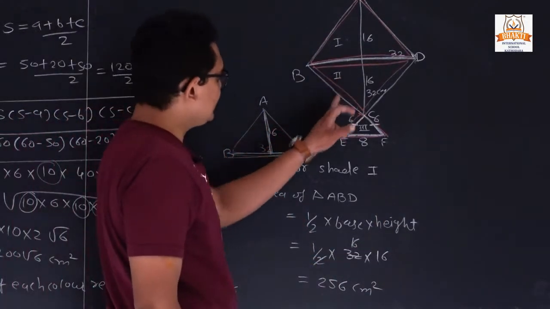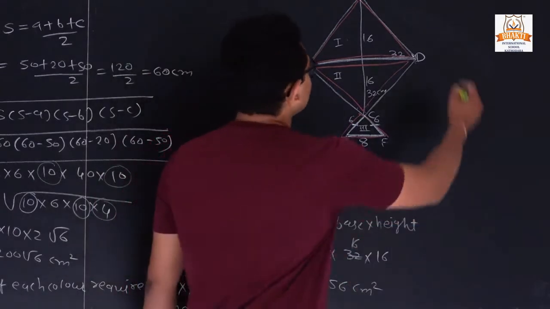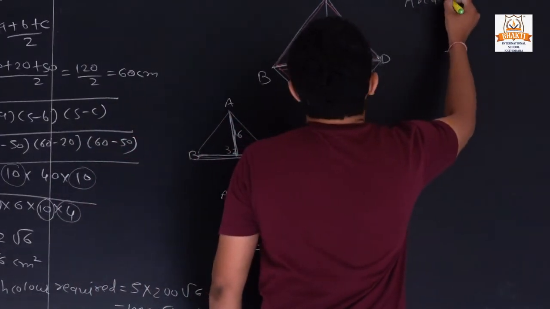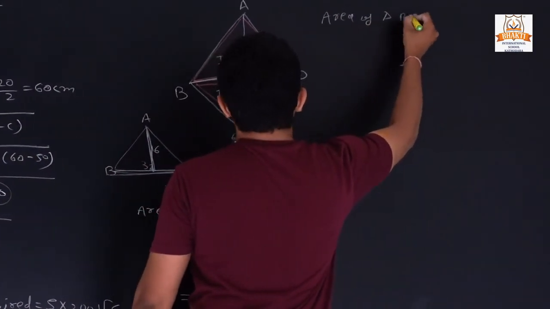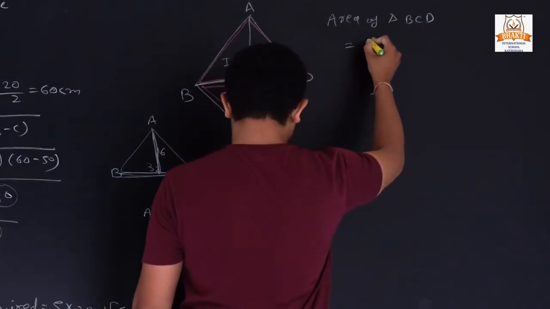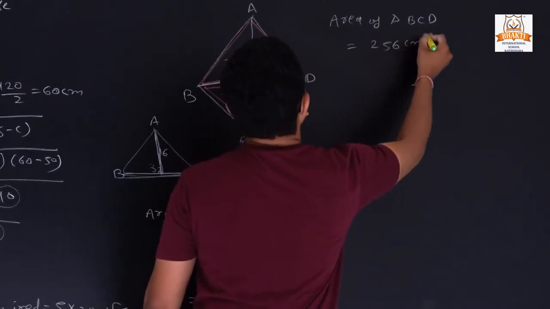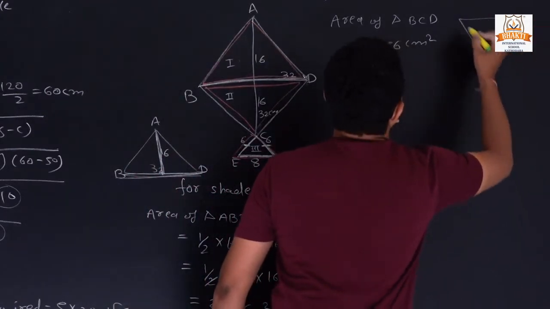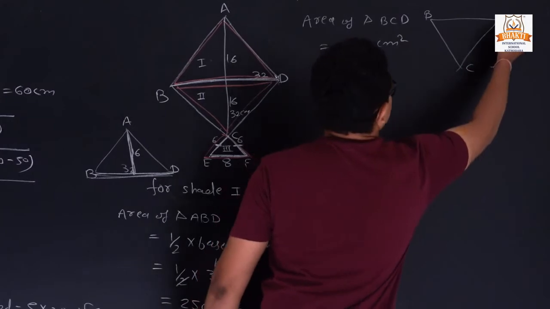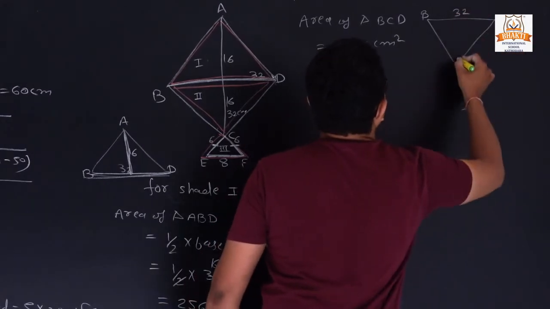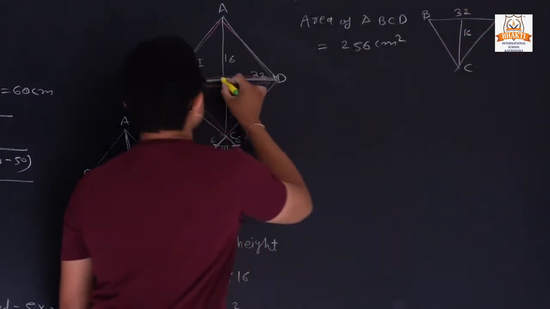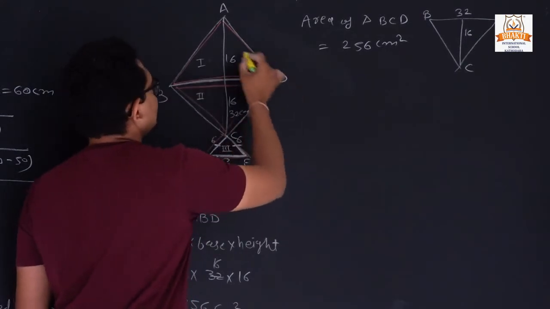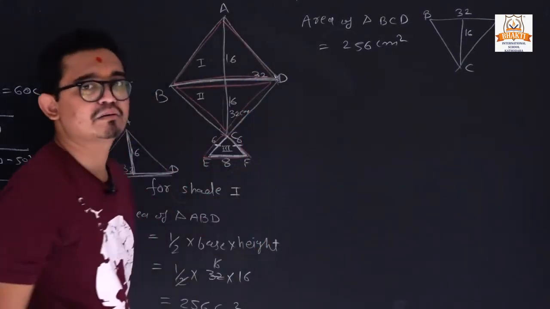So for a second it having the same area, so we can write area of triangle BCD is equal to also 256 centimeter square, because see that I am drawing the rough figure. B, C and D, it is 32 and this is 16, because this is the half measurement of this line, so it is 16 and it is also 16.